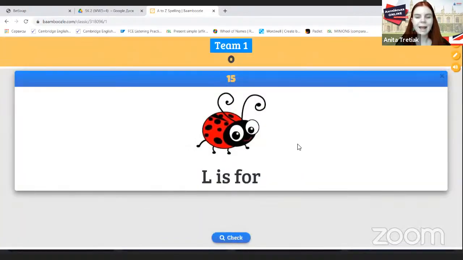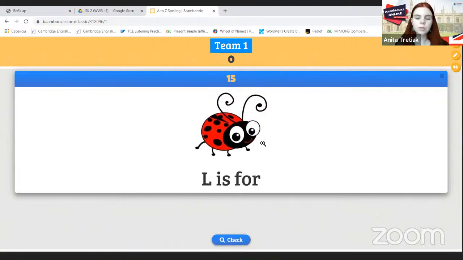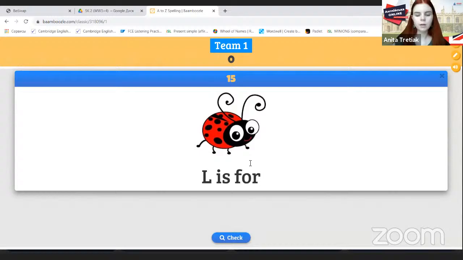So L is for. You need to look at the picture and you need to say what word in this picture starts with L. So guys, do you know? Share with us, please, what you can see here.